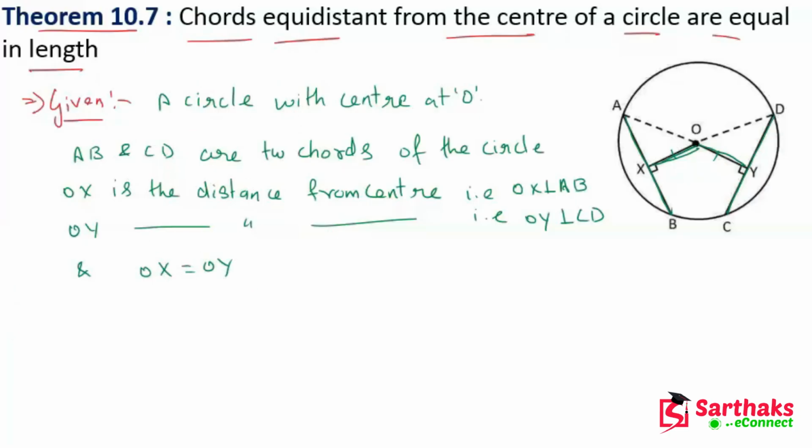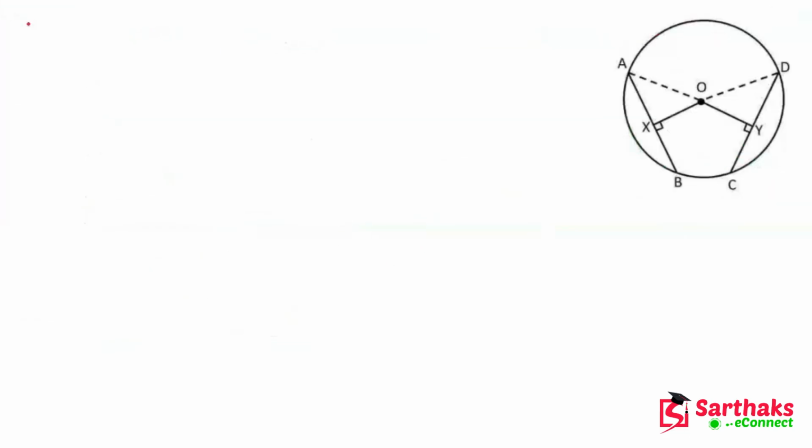Now we have to prove that AB is equal to CD. Let's start the proof. In triangle AOX, if we join AO and OD, we get triangle AOX and triangle DOY.